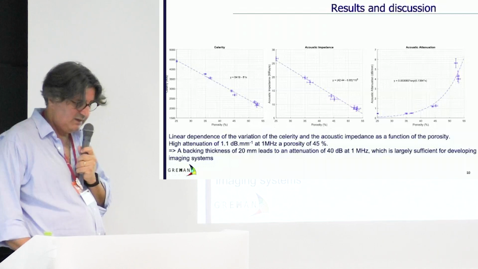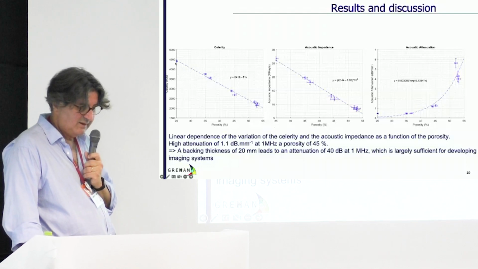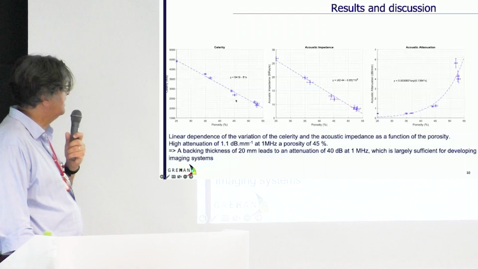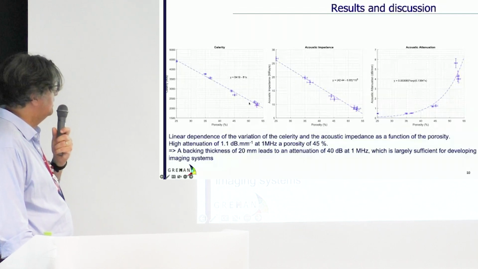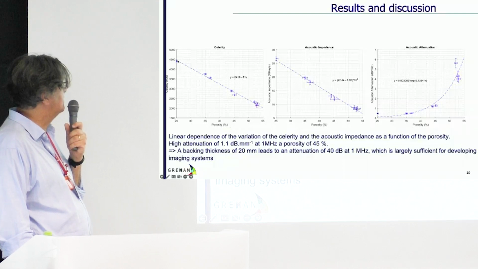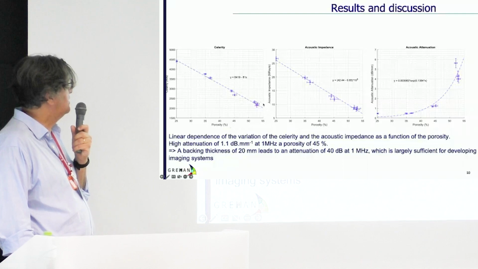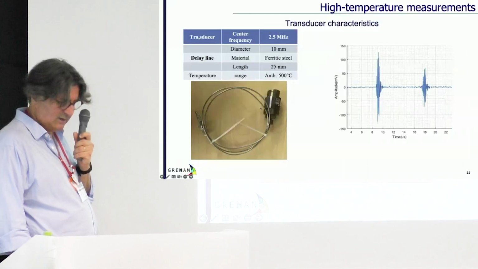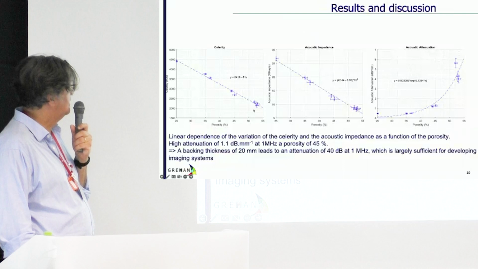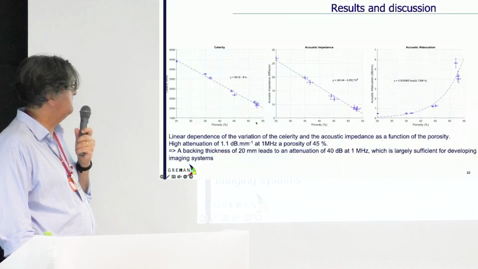What you can see here is that the density varies linearly with the porosity content, ranging from 4,500 to a little bit more than 2,000 for 52% porosity.